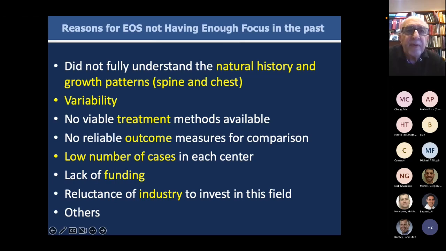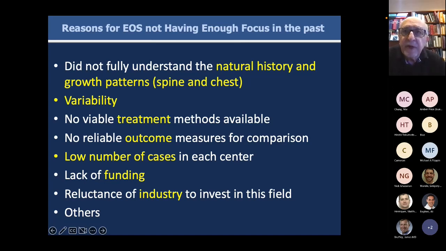So the reasons for EOS not having enough focus in the past have been many. Natural history and growth patterns are very complex. There is significant variability in the diagnosis and etiology. There are no viable treatment methods available and no reliable outcomes resources for comparison of different types of treatment.